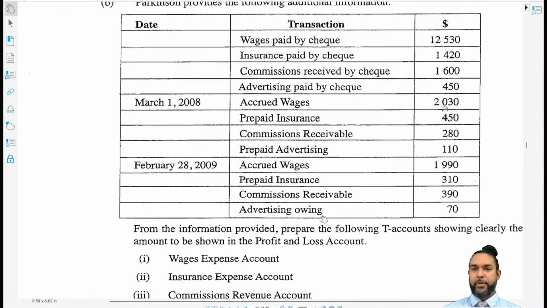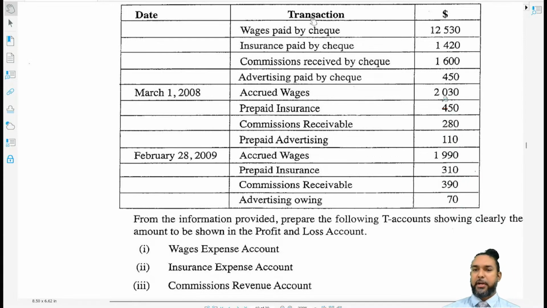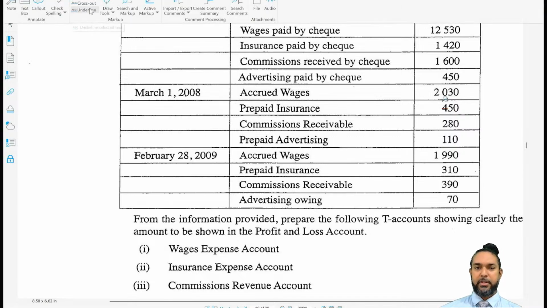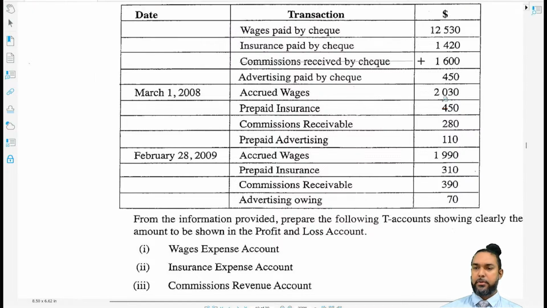So we have transactions: wages paid by check, insurance paid by check, commissions received. Okay. So what we'll do, let me cross out all the commission stuff, right? Not highlight, this one, line. So don't worry about commissions right now.